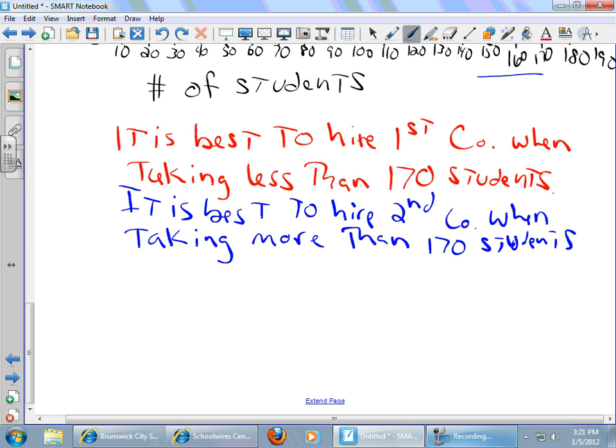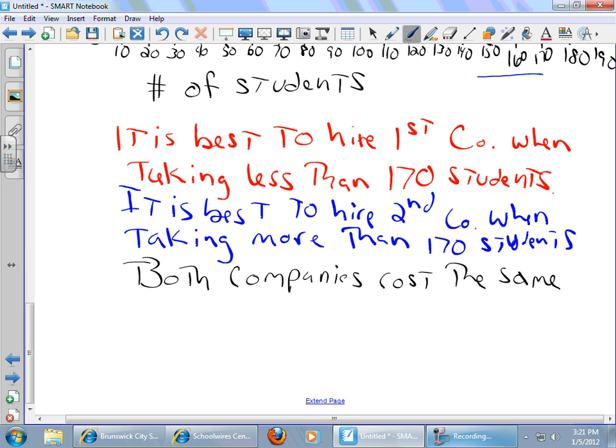And, of course, it costs the same amount. Both companies cost the same when taking 170 students. And there you go.